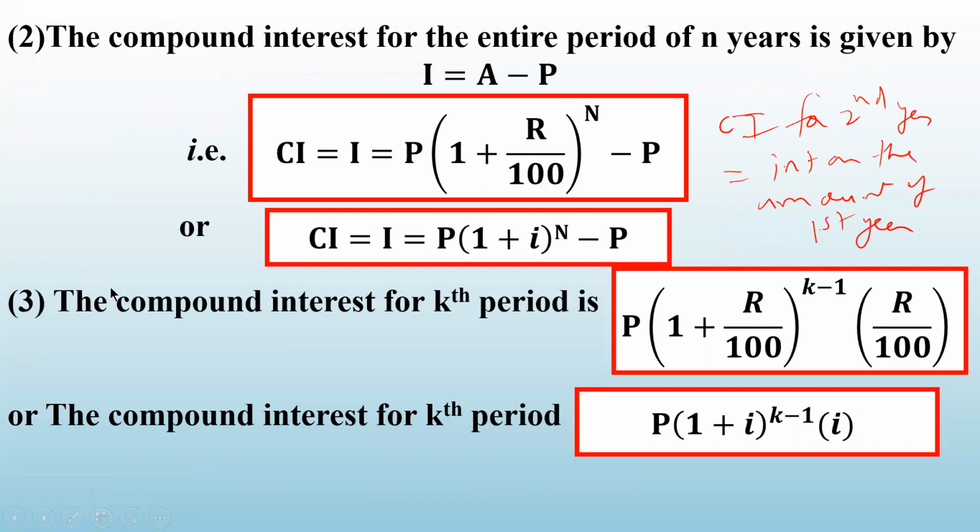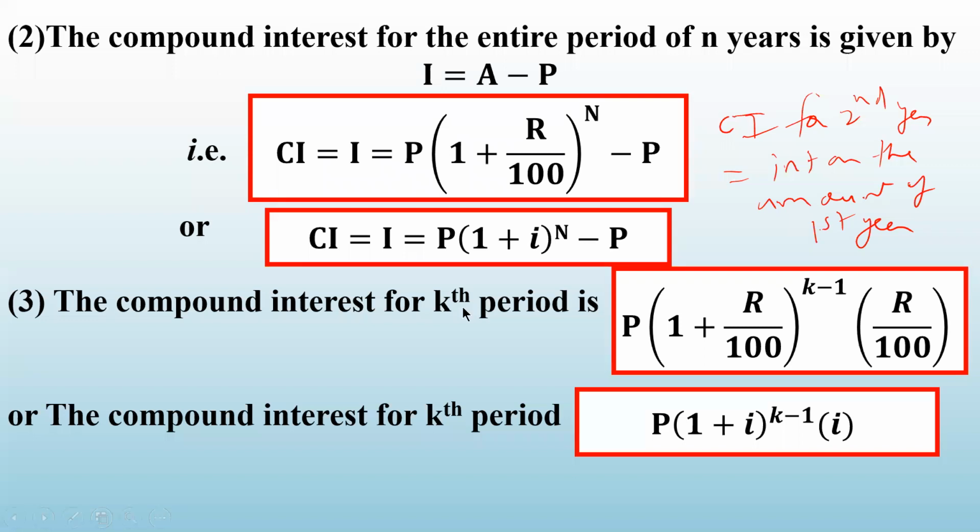The third formula is how to calculate the compound interest for the kth period. As I told you before, in compound interest, interest for any period is calculated on the amount of the previous year. So to calculate the interest for the kth period, you have to see the previous year, that is the k minus 1th year.